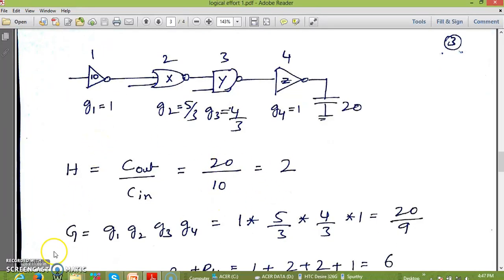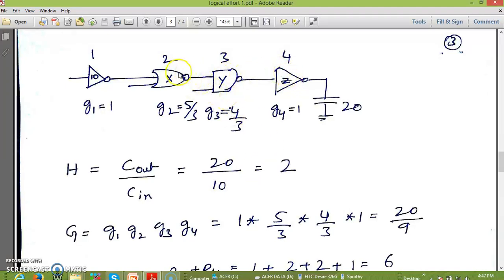And we know that the path logical effort is given by the product of the individual logical efforts of the different gates, so it is G1, G2, G3, G4. G1 is the logical effort of this inverter, G2 is the logical effort of this 2-input NOR gate, G3 is for the 2-input NAND gate, and G4 is for the inverter.